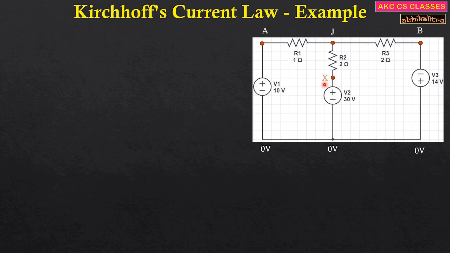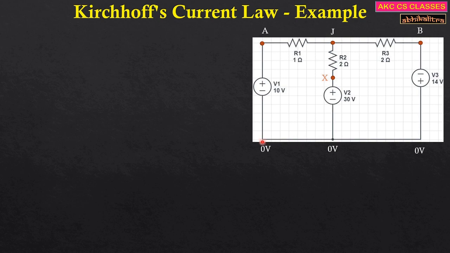Right, below this circuit you see that I have written 0 volt, 0 volt and 0 volt. So I am considering the junction J over here, and with respect to J I am considering the potential at this particular point to be equal to 0 volt. That means it is acting like a reference voltage, right?